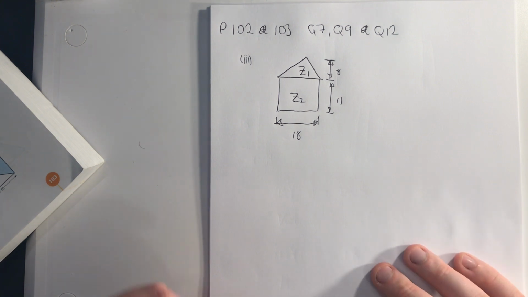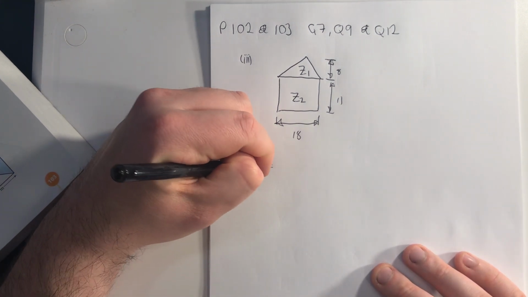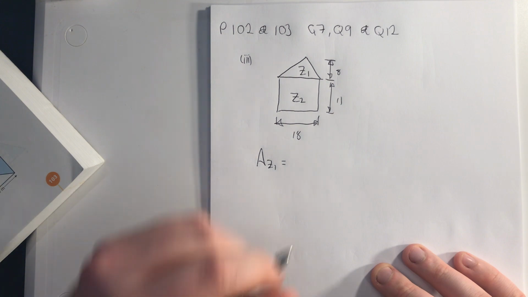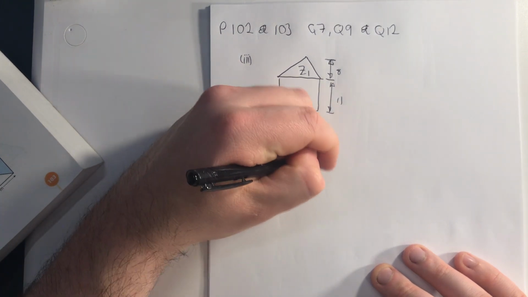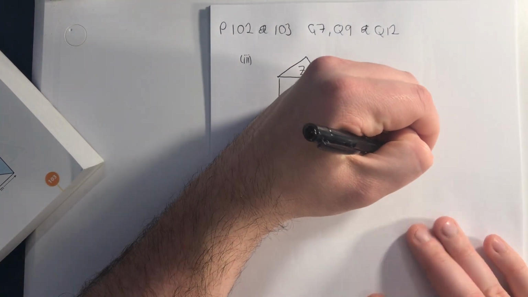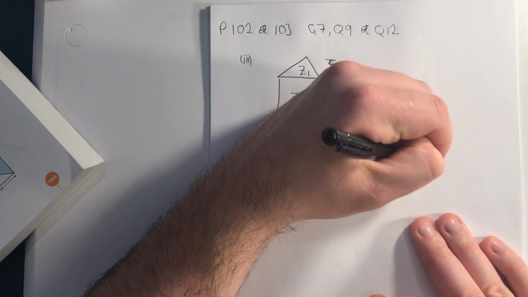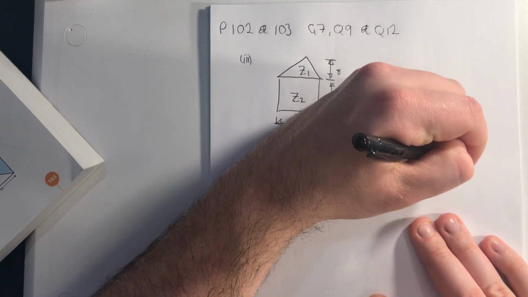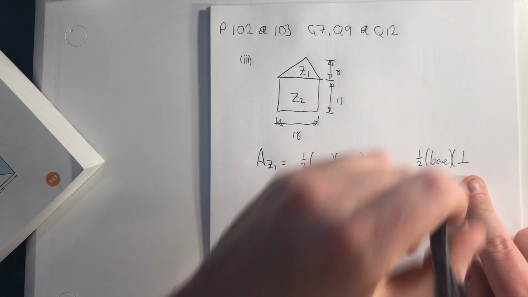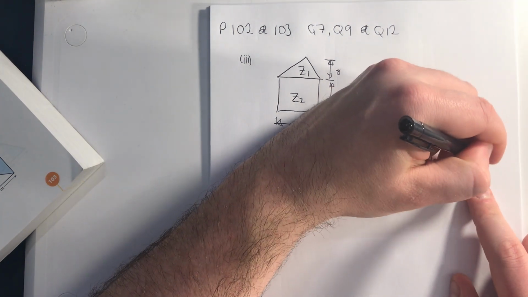So what does that mean? The area of zone 1 is equal to a half the base by the perpendicular height. That's the formula you would have covered last year. Perpendicular, that's the symbol for perpendicular, and then height.